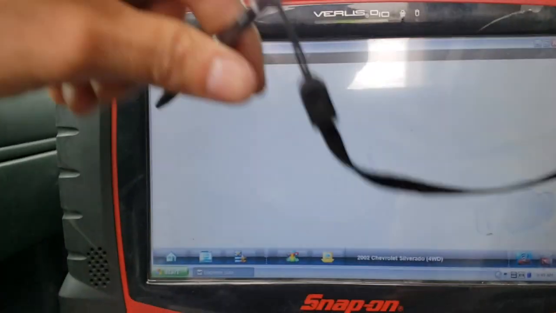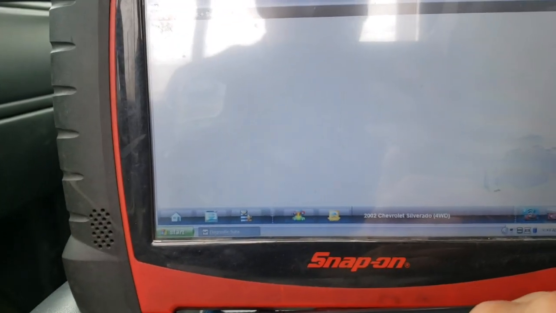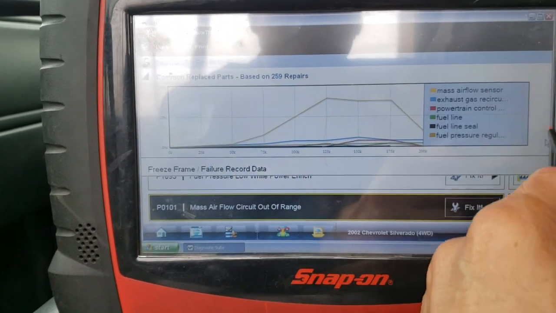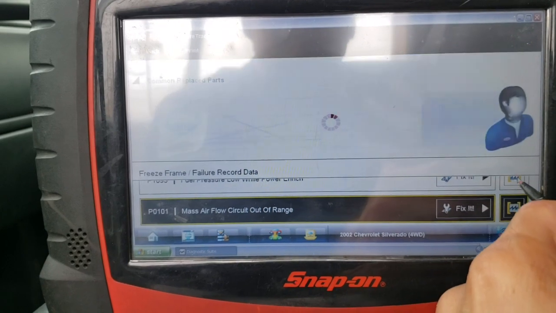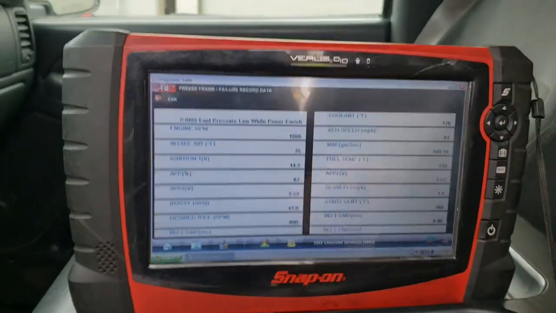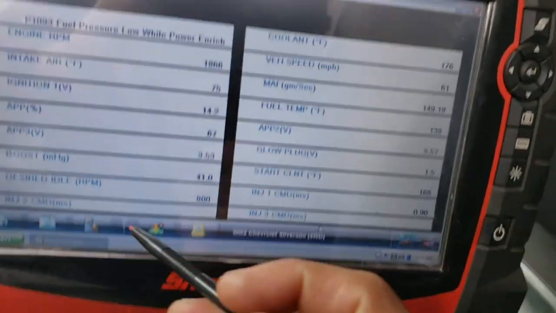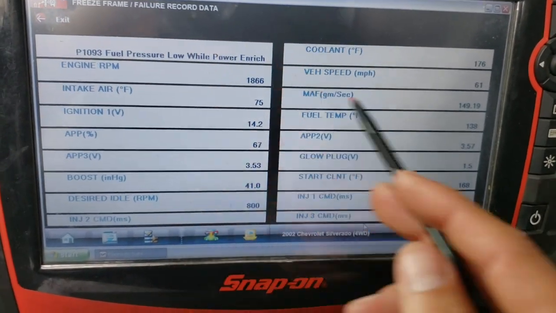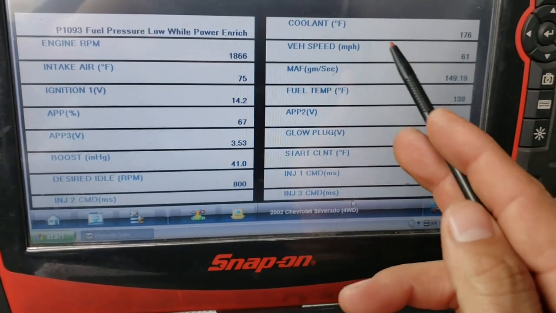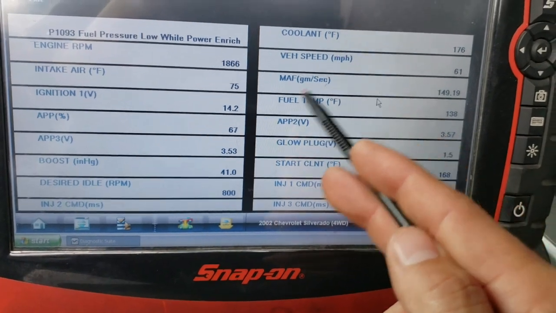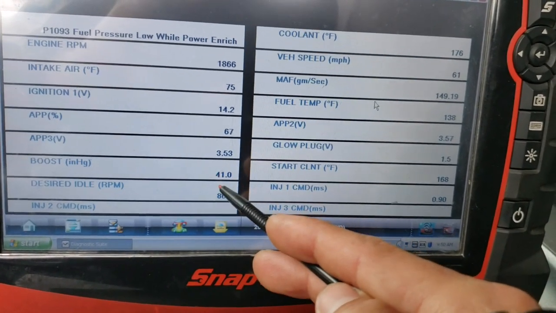Okay, so let me check the other code, for the fuel rail pressure sensor, the freeze frame data. I hope we have good data here. Let's find out. Okay, so we can see here, this is the code, the troubleshooting code. The vehicle was at 61 miles per hour, warm ignition.